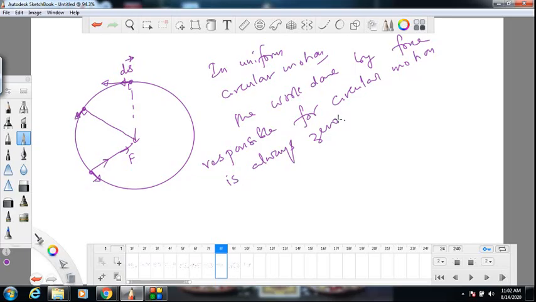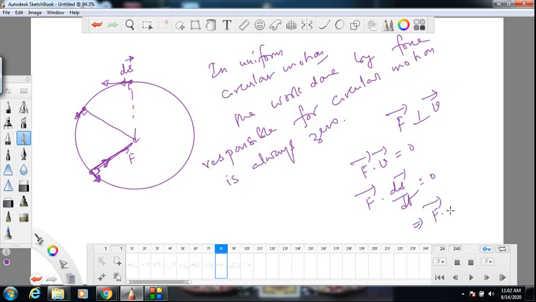Because that force is always perpendicular to the infinitesimal displacement ds. See, force is perpendicular to velocity, because velocity is along the tangent, and force is towards the center along the radius. So both are perpendicular, tangent perpendicular to radius. So F dot V is 0, you can write V as ds by dt. That means you can write F dot ds is 0. So work done by that force is 0.